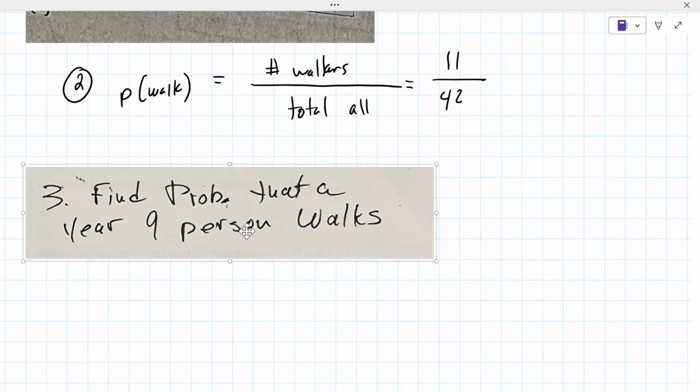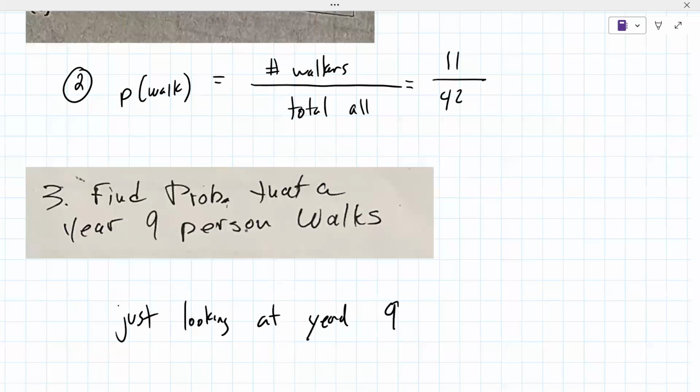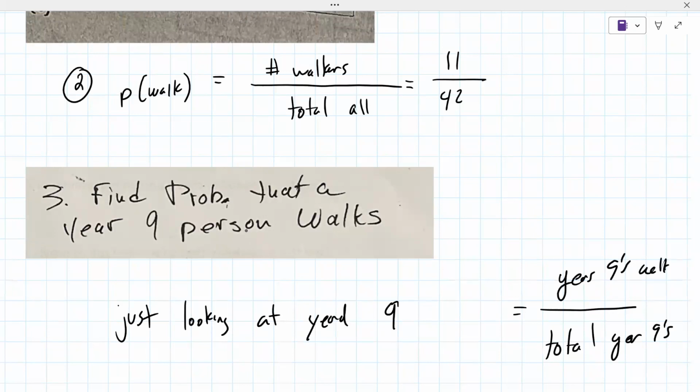So find the probability that a year 9 person walks. Okay, so we're just looking at year 9. Okay, so this is the year 9s that walk over the total year 9s.